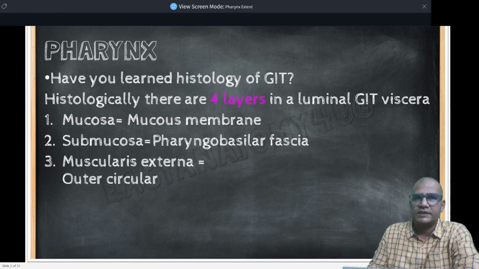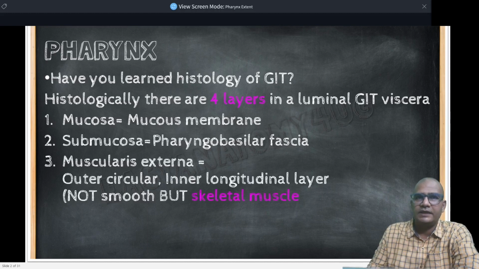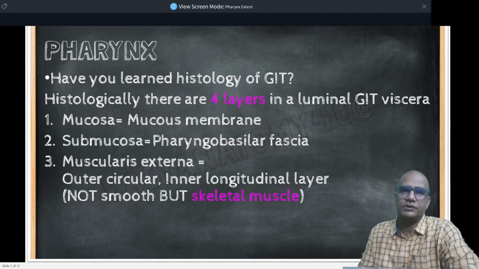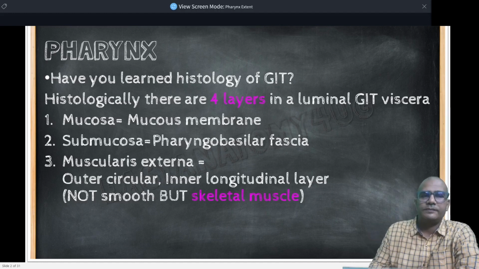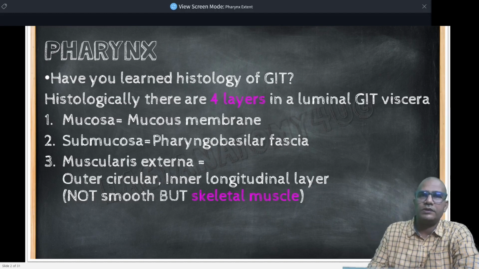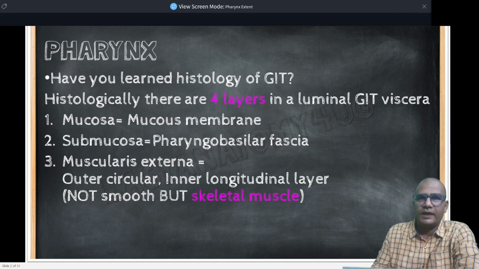Then we have muscularis externa, but we have to remember that in GIT, there is smooth muscle in the muscularis externa, but in the pharynx we have skeletal muscle, in the fashion of outer circular layer and inner longitudinal layer.